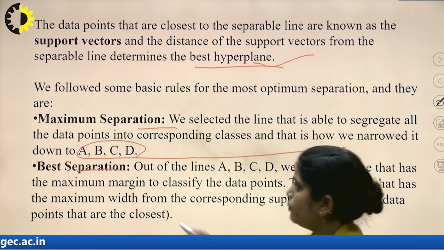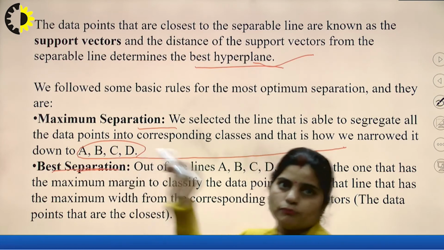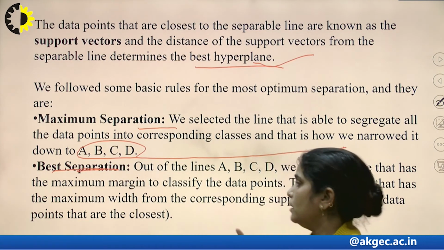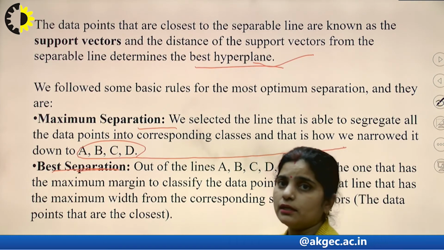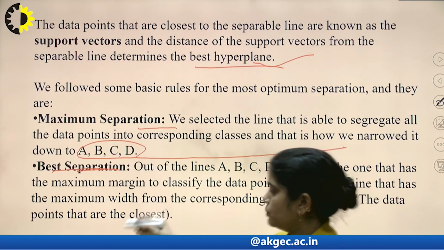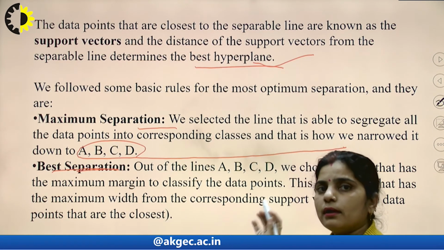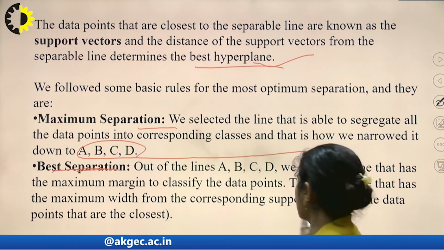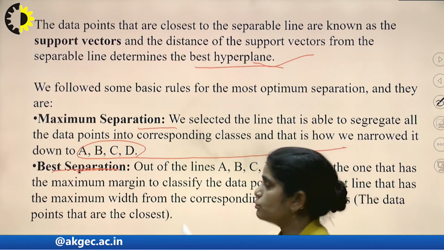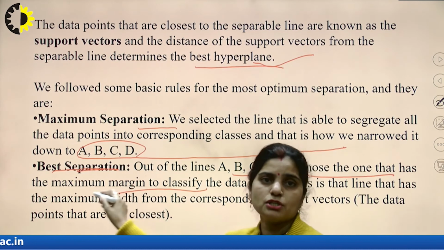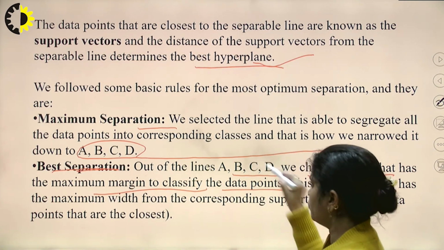Out of these four hyperplanes, which one do we consider? The hyperplane which gives the maximum margin, or the maximum width from the corresponding support vectors. So, out of the lines A, B, C, D, we choose the one which has the maximum margin to classify the data points. So, we select C.